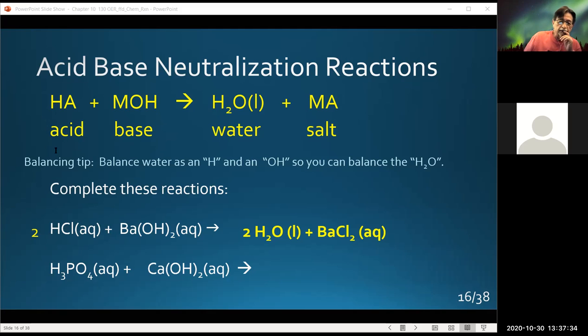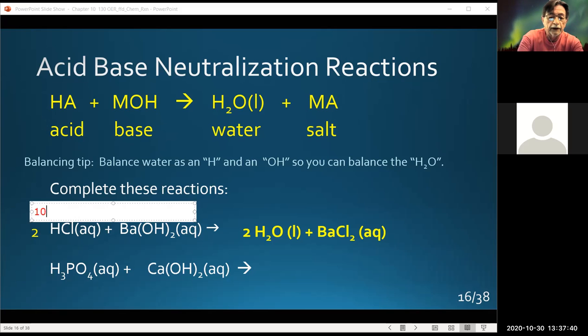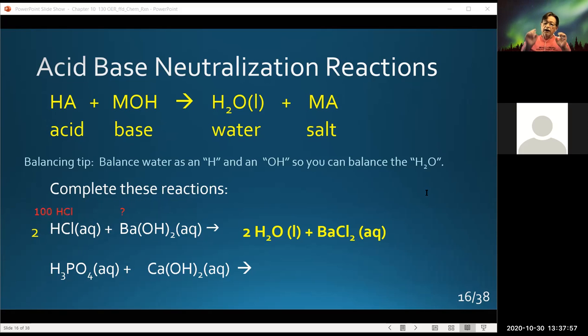If I have 100 hydrochloric acids, if I had 100 molecules of hydrochloric acid, how many bariums would I need for this reaction to neutralize completely? 50. Exactly, 50, because my ratio is 2 to 1.